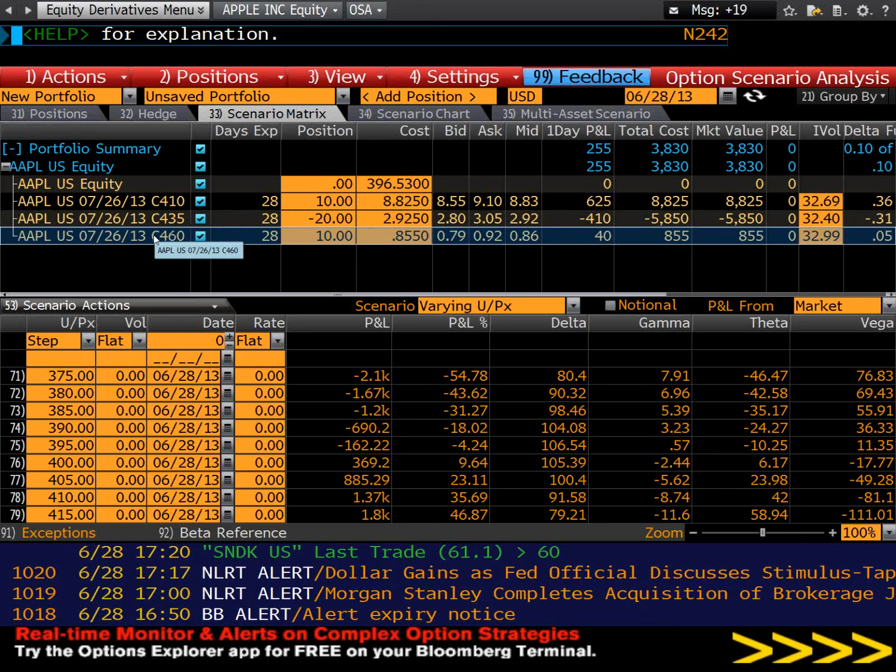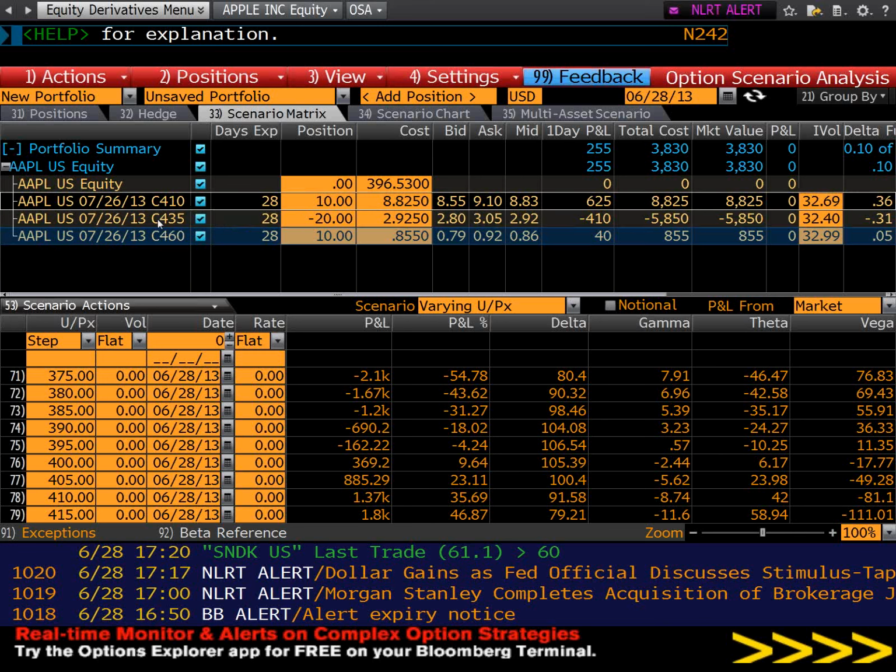And then protecting the excess short position, the excess 10 contracts, by buying the 460, which mirrors the distance from 410 to 435. Okay? Now, since we're selling what is called the body of the butterfly, right?